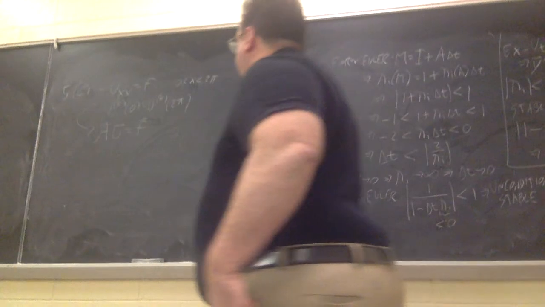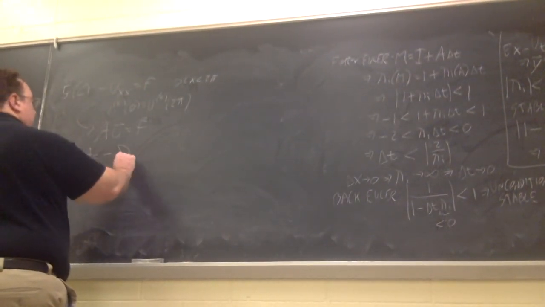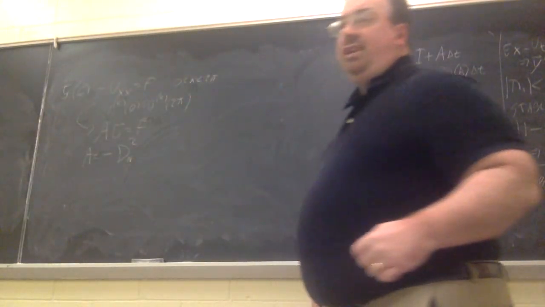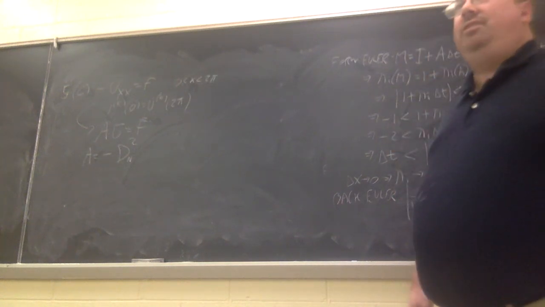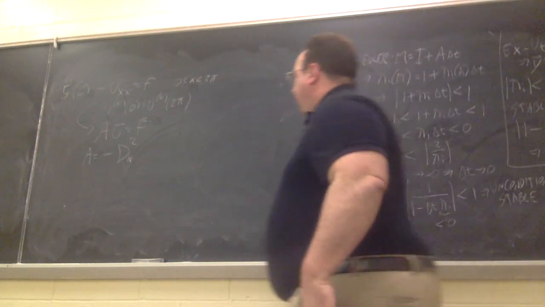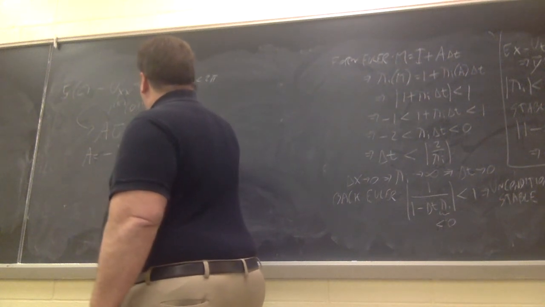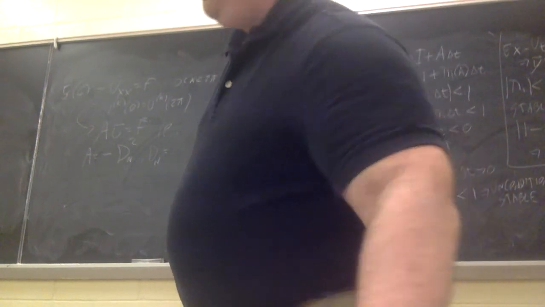Okay, spectral. So A is equal to minus D_N squared. D_N is the differentiation matrix, not for Chebyshev now. It's the one for periodic boundary conditions. This is taken from page 23 of the notes.